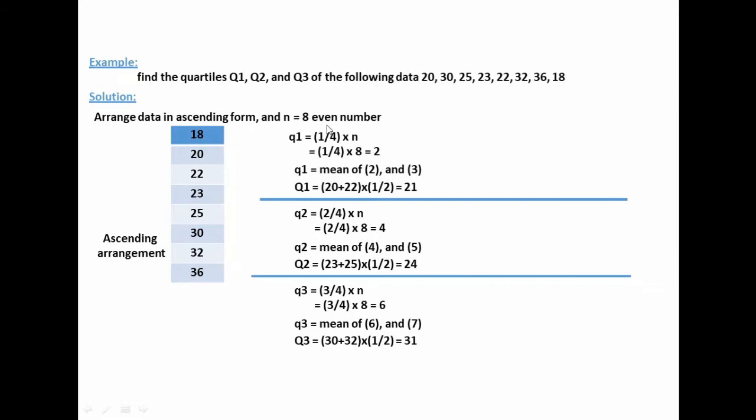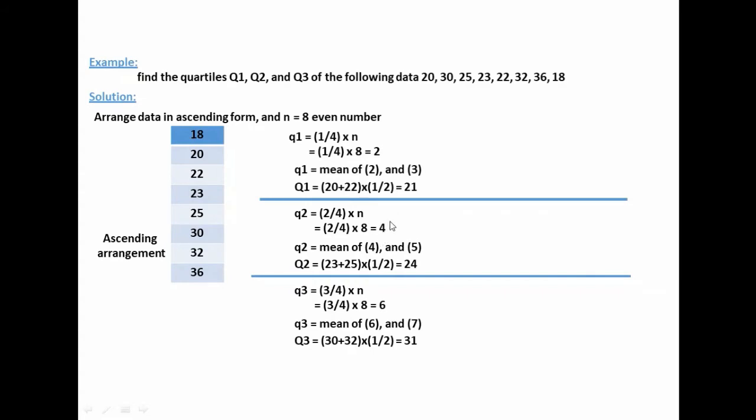So when the number of terms is even, we can find the first quartile by means of the second and third terms. The second term is 20 and the third term is 22. So divide by 2: 20 plus 22 divided by 2, we obtain 21. Now similarly, for quartile Q2, the position is 2 by 4 multiplied by n, 2 by 4 multiplied by 8, and this is equal to 4.